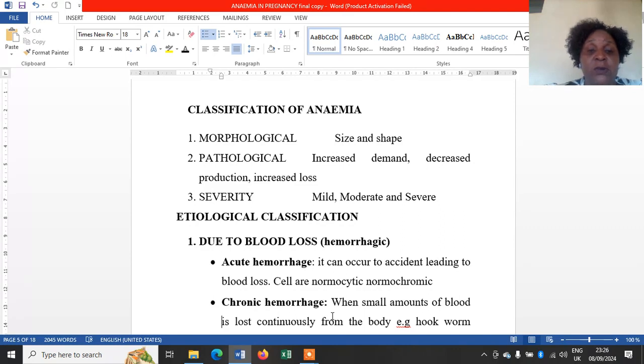So we can also classify anemia due to pathology. Or we can also classify it according to severity. There we shall talk about mild, moderate, or severe.